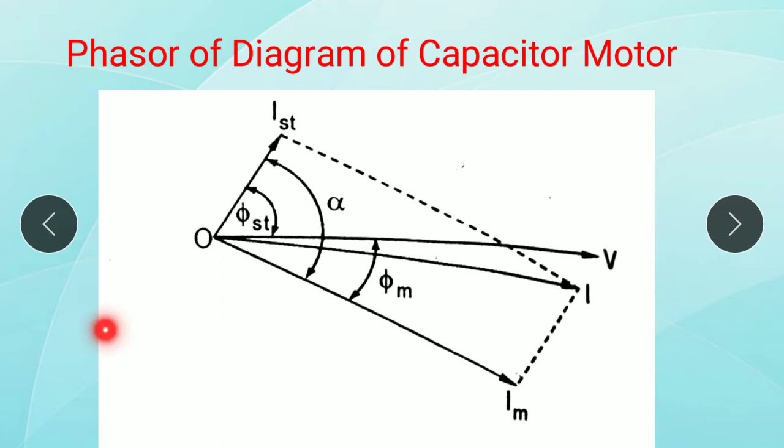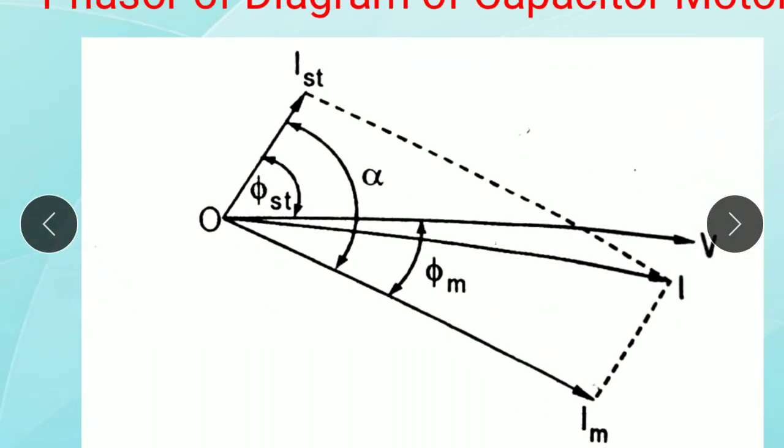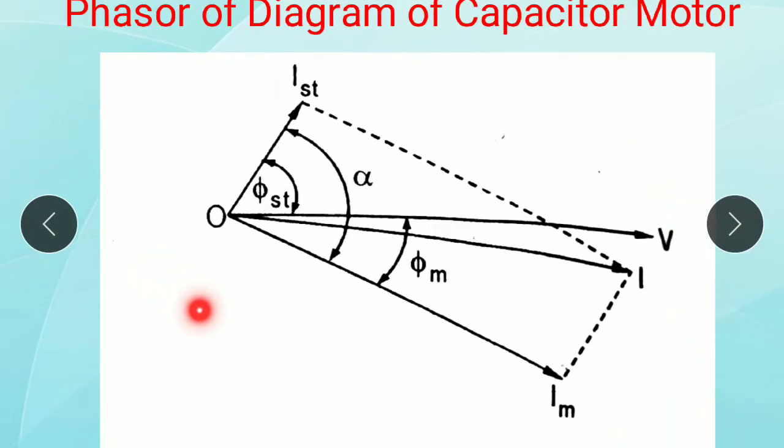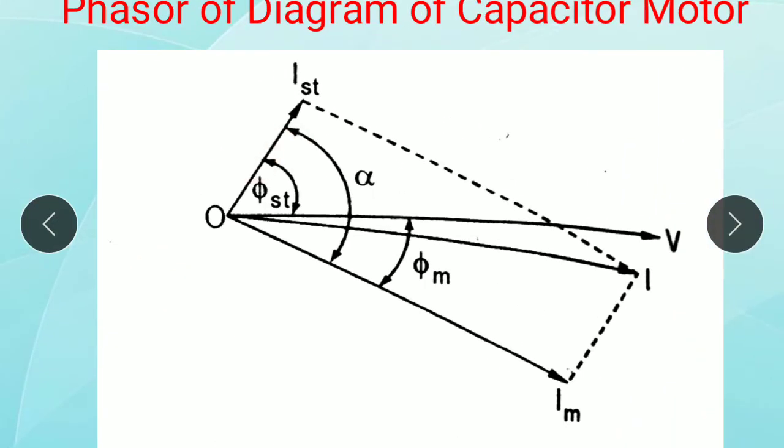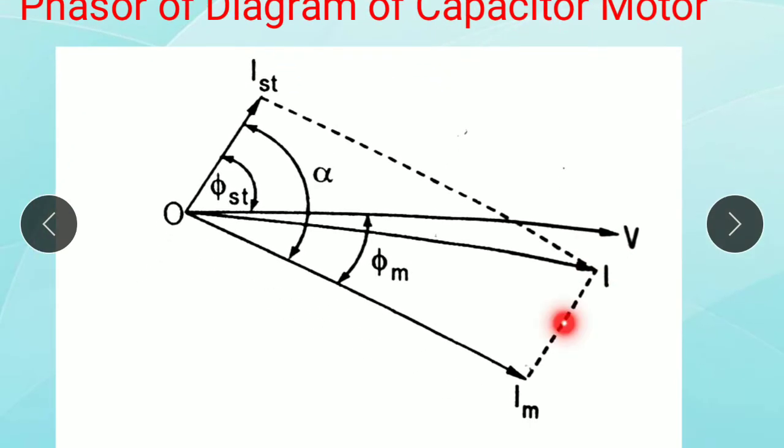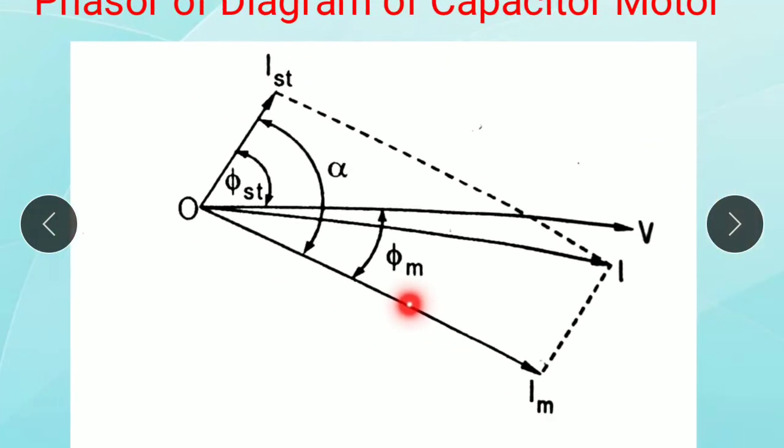So here Im and Ist, the resultant by the parallelogram method: Ist is drawn from Im in this way, parallel.